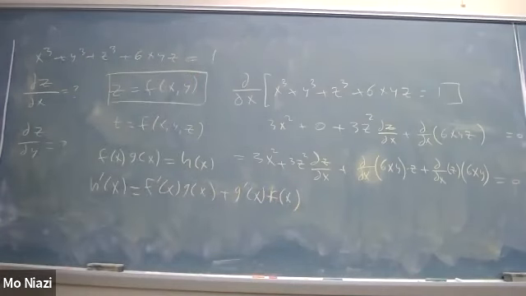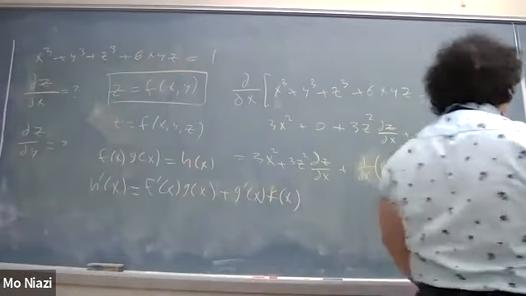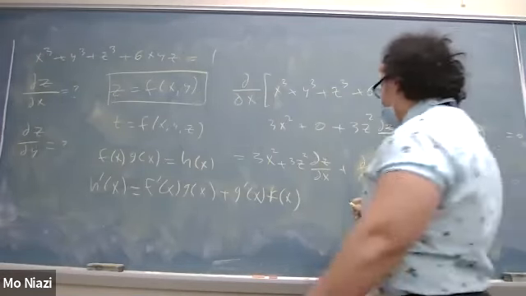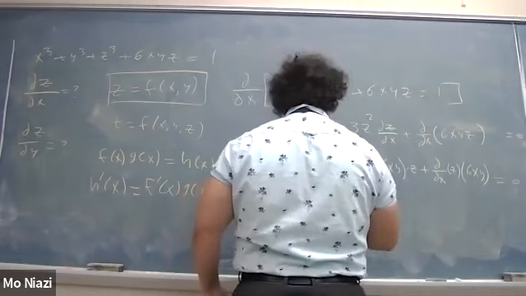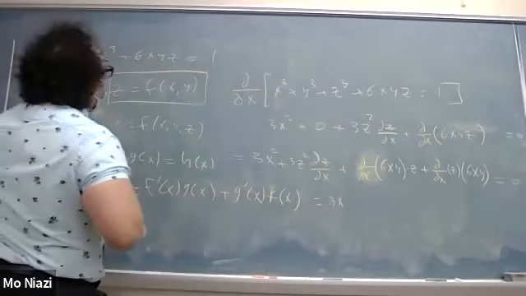You guys remember the product rule? Yeah. So what we have now is a product rule in 3 variables. So this reduces to 3. Let's move over here.